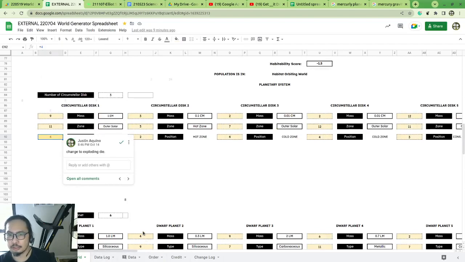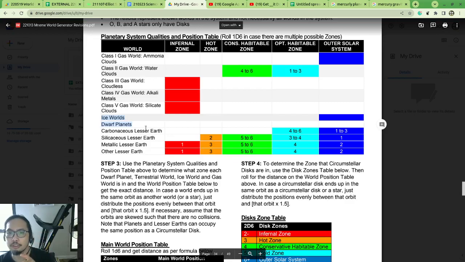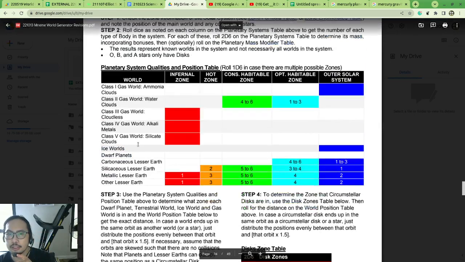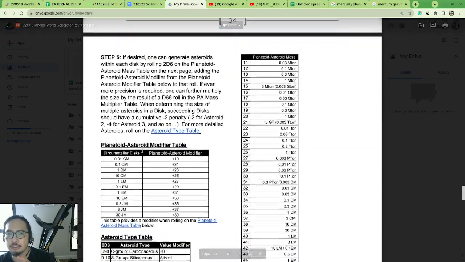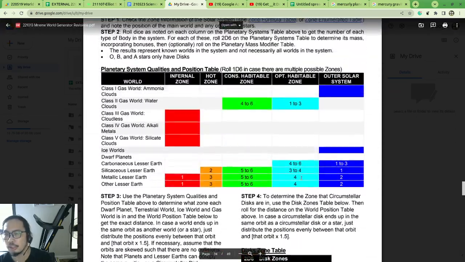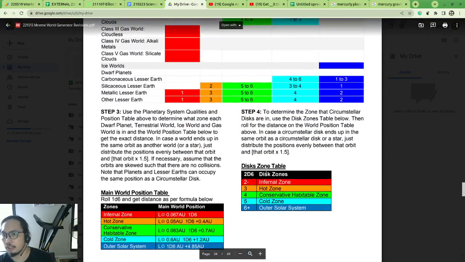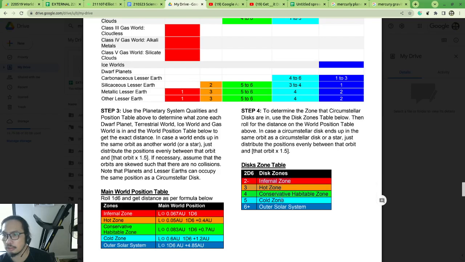Circumstellar disks. Yeah, I remember. I don't know, I could be wrong. Circumstellar disks position. Okay, yeah, here it is. Disk zone.